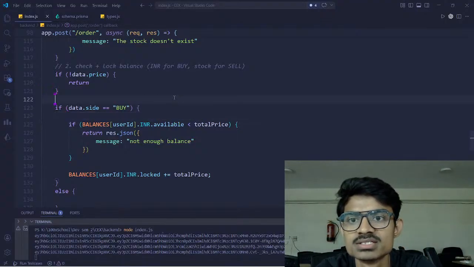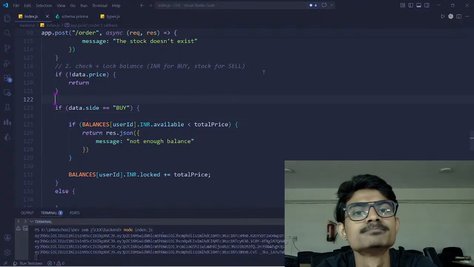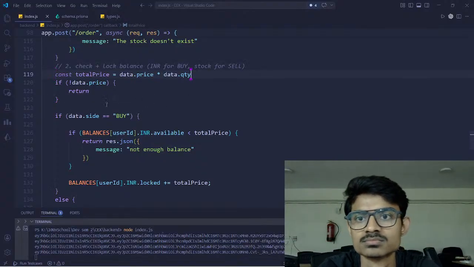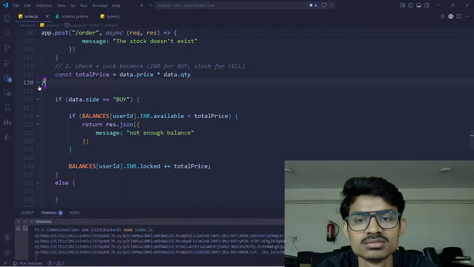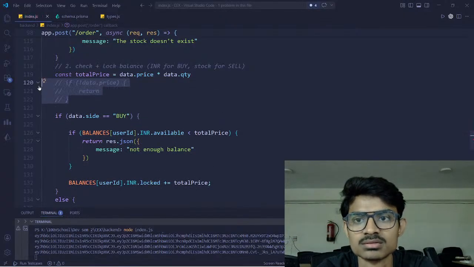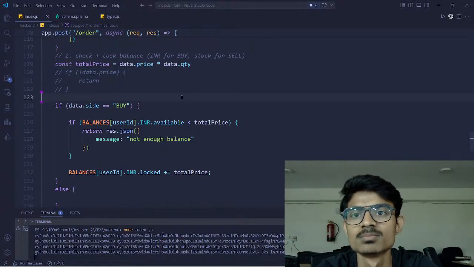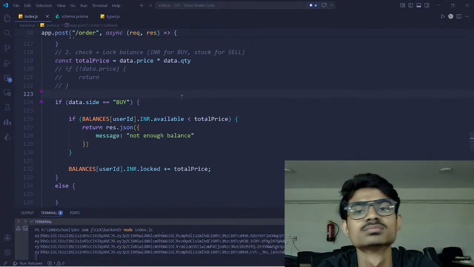I guess we can just calculate it globally. We'll see this case after. So total price is this.